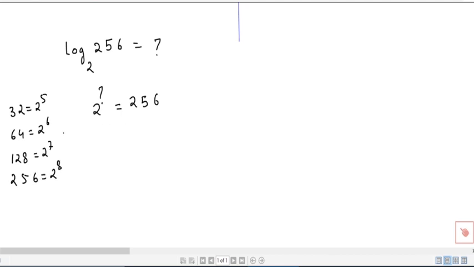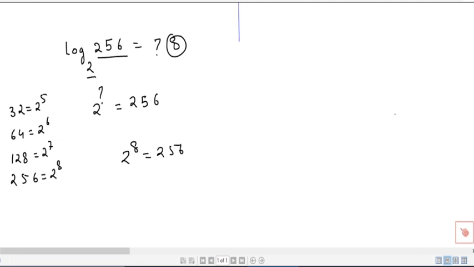So, now we can answer that 2 power 8 is equal to 256. So, our question is log of 256 at base 2 is what? You will say it is 8, and 8 is your answer. So, log always gives the answer in power. The answer of log of any number at any base is actually the power of that base.